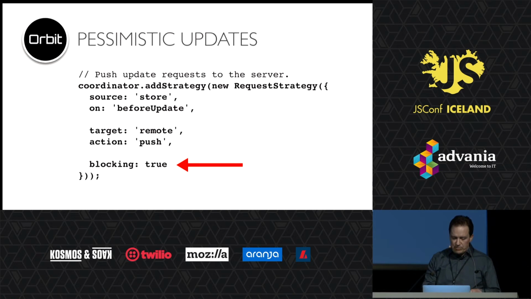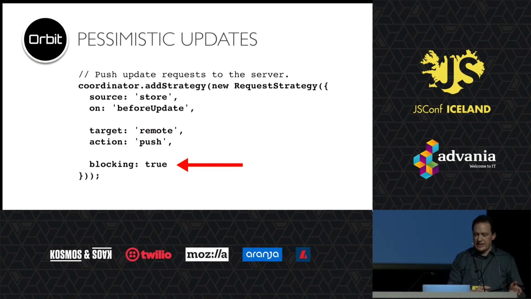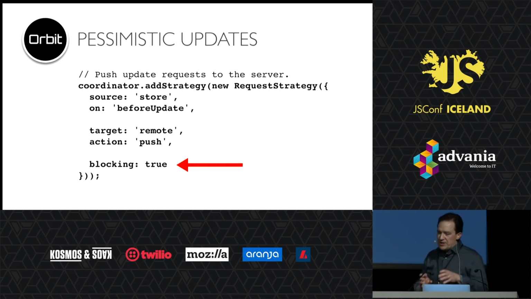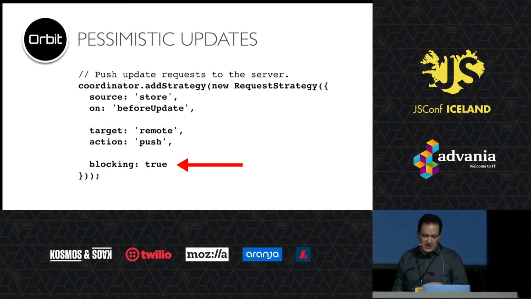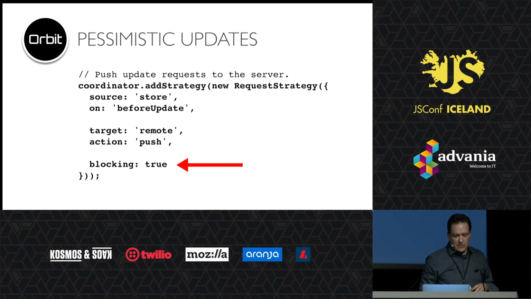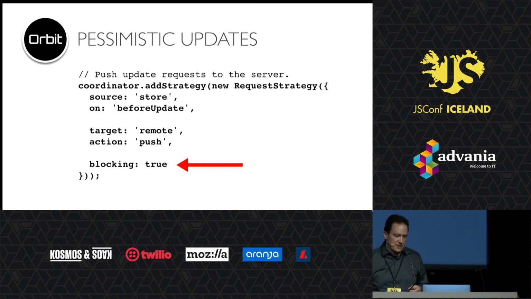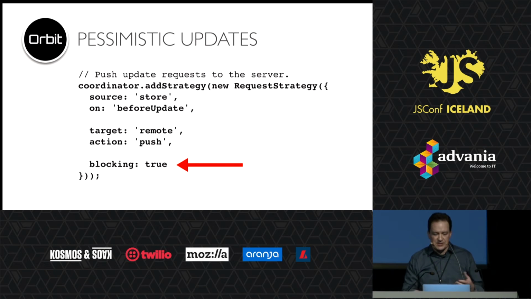If we had added a blocking true to that, it would turn into a pessimistic update, because essentially this is now saying that the store won't be updated until the remote's push event has completed successfully. So depending upon whether you want to be optimistic or pessimistic, you can customize your strategies, and you can write your own completely custom strategies that have their own JavaScript logic here.